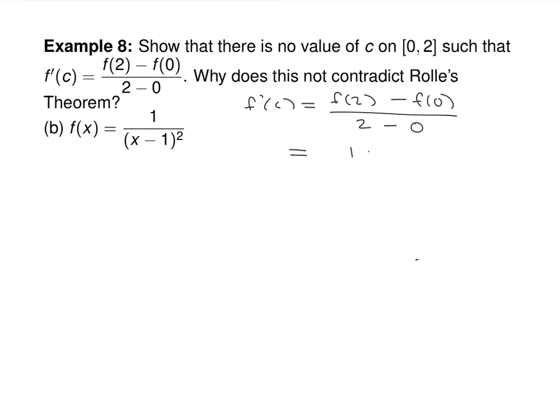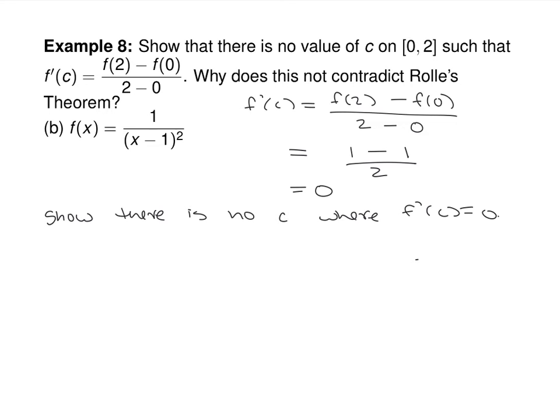What's f of 0? I think it's also 1. So we're going to show there is no c where f prime of c equals 0.